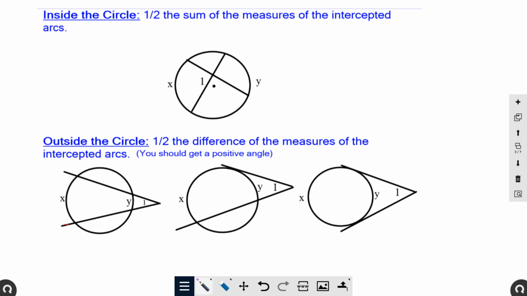So instead of a packet today, yes, we just have one piece of paper. All right, guys, let's not go crazy. Let's get our lesson done.